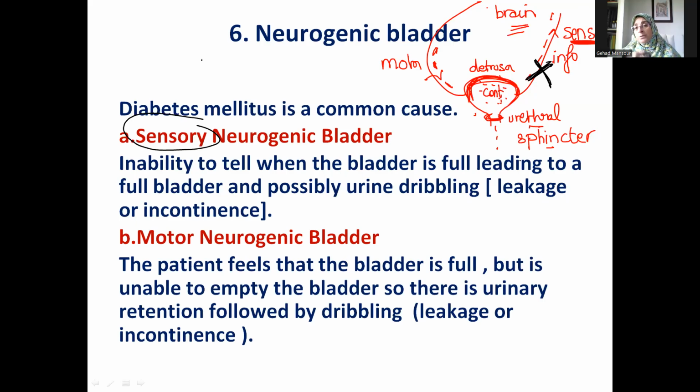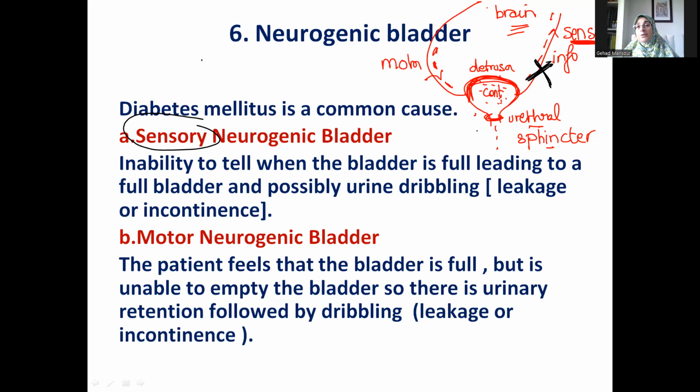So the bladder will continue being filled with urine without warning, until comes a time when the pressure of urine inside the bladder is more than the ability of the sphincter to close, so the sphincter yields and urine dribbles outside the body. This is what we call incontinence of urine or leakage.